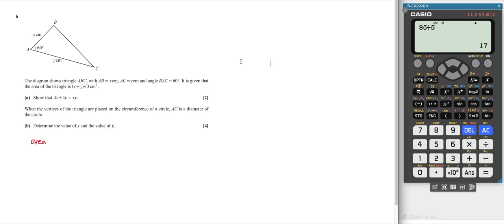So, area of a triangle is half ab sine C. So, x plus y times root 3 is equal to a half. A is x, B is y, and sine C is sine 60.